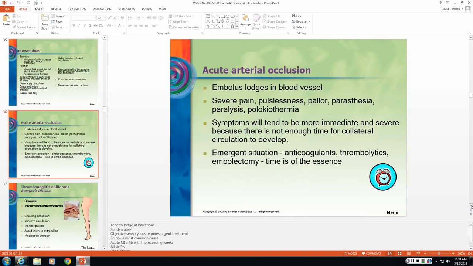Usually these people have had an acute MI or AFib within the preceding weeks, so you need to be careful with those patients. These also can lead to renal failure or possible compartment syndrome. So these, like we said, are urgent situations that have to be treated immediately.